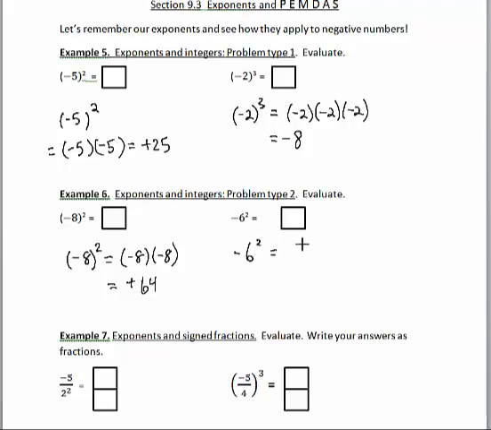So we write 2 6's, but we only carry the negative along. Okay. Still only having one negative. 6 times 6 is 36. 1 is an odd number of negatives, so we get a negative 36. We get a negative product.